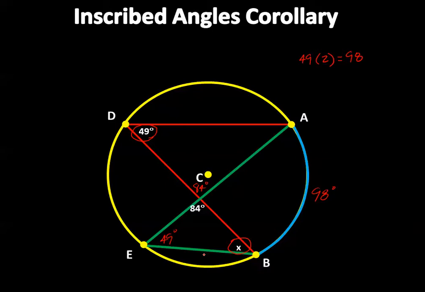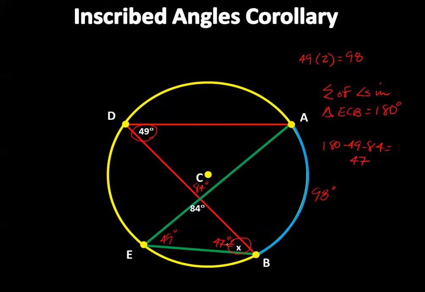So I know that in triangle ECB, the sum of the angles equals 180. That's what the triangle sum theorem is going to tell me. Okay, so if I take 180 minus 49 minus 84, I'm going to get 47. So x is going to equal 47 degrees.